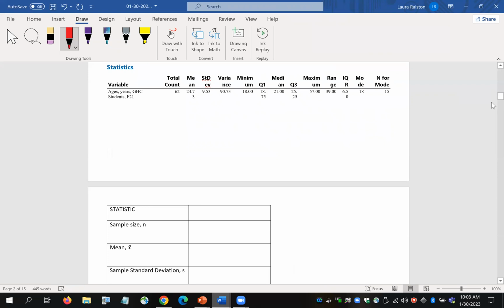I'm going to write them down. So the first one says, what is the sample size? So my total count, okay, if you want to make a note, Minitab calls this total count, was 62. My mean was 24.73. The sample standard deviation was 9.53.